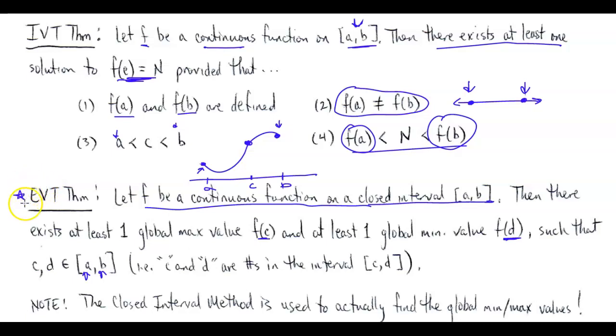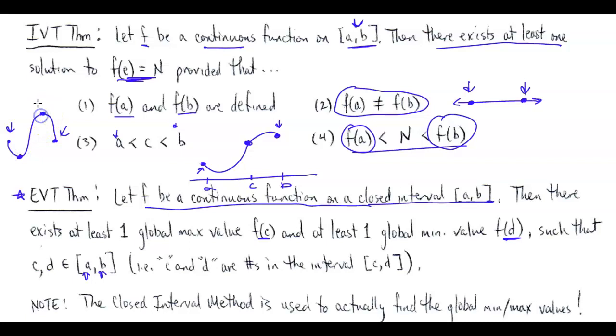Now, the part where the extreme value theorem sort of veers off from the intermediate value theorem is that we could have a situation that looks something like this with the extreme value theorem. And what I'm saying here is that we have f of a and f of b being the same value here.